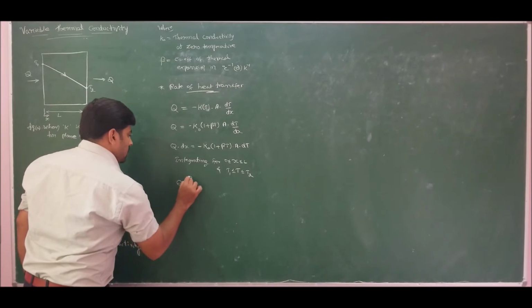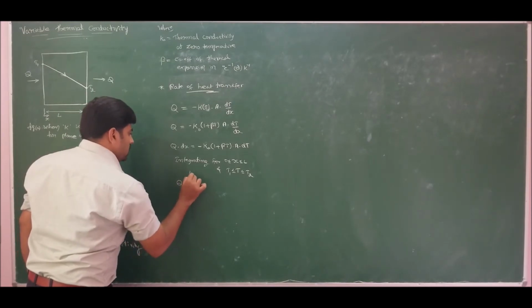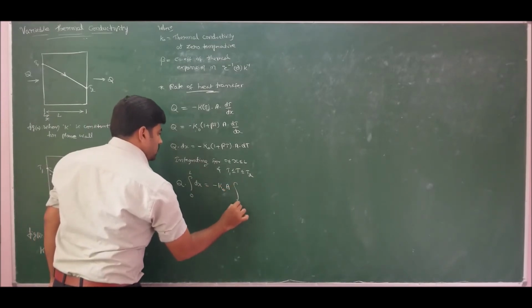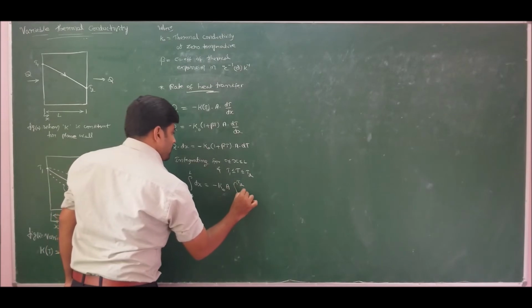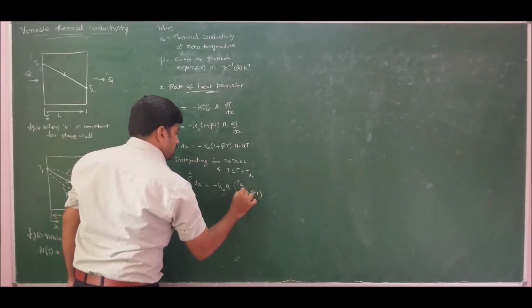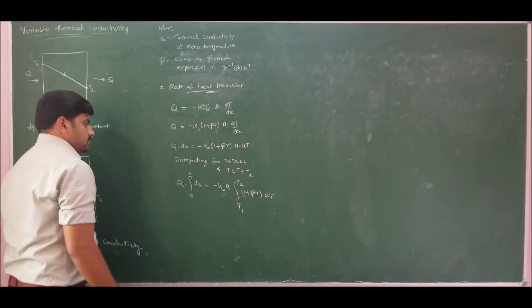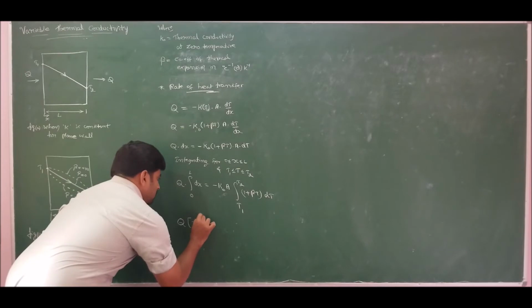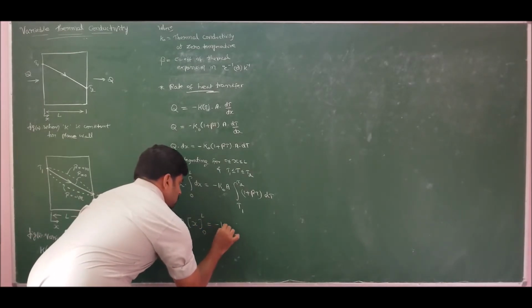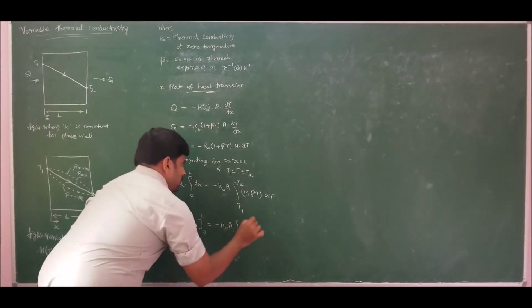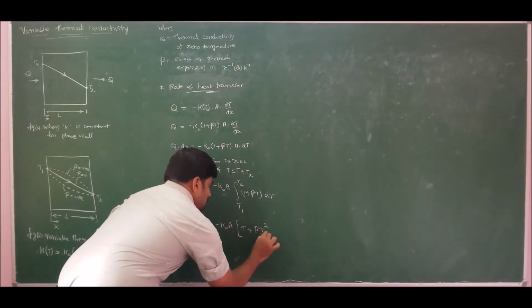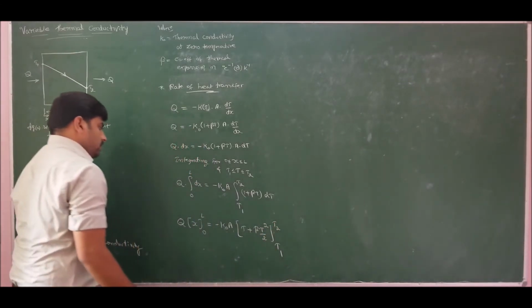We have integral of dx from 0 to L, which is equal to minus K naught into area, integral of temperature from T1 to T2, 1 plus beta T dt. Now if I perform integration, I will get Q of x, limit from 0 to L, which is equal to minus K naught times area, integration of constant is T, minus beta, integration is T square by 2, whereas temperature varies from T1 to T2.